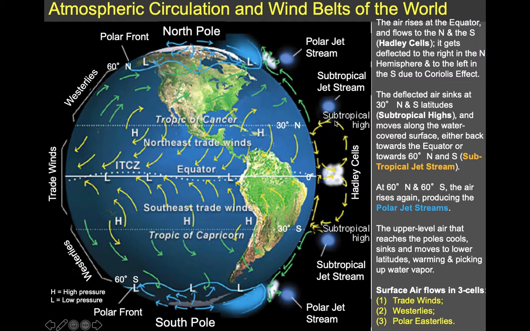So these atmospheric circulation patterns affected by solar radiation patterns and the Coriolis effect create three significant airflow cells in the atmosphere. We have the trade winds blowing from the northeast to the southwest in the northern hemisphere and blowing from southeast towards the northwest in the southern hemisphere. And then we have the westerlies.